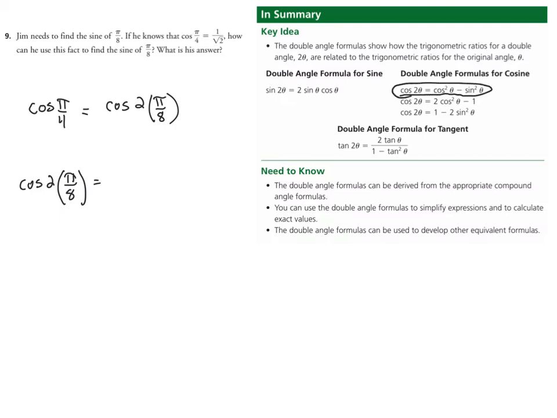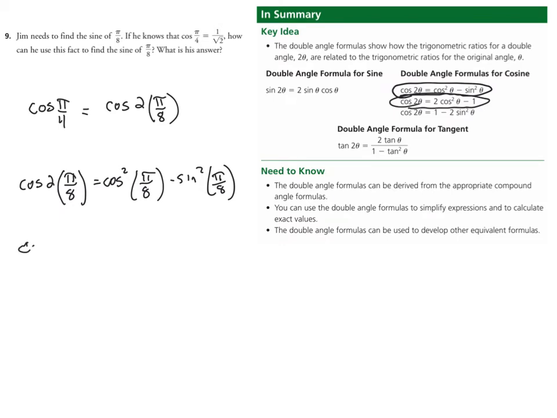Let's use the top one: cos squared of that angle, pi by 8, minus sine squared of pi by 8. And we already know, oh heck, let's not do that one. Let's use one that only has one thing, so let's use this middle one.